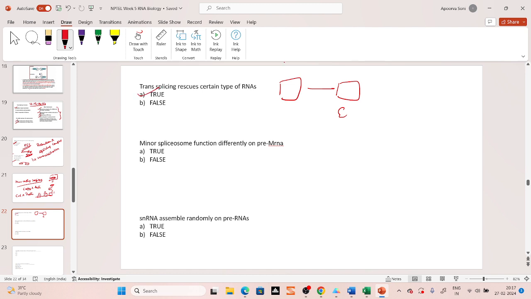Next question is, minor spliceosome function differently on pre-mRNA. True or false? True or false?